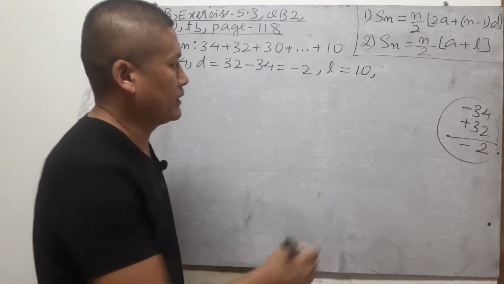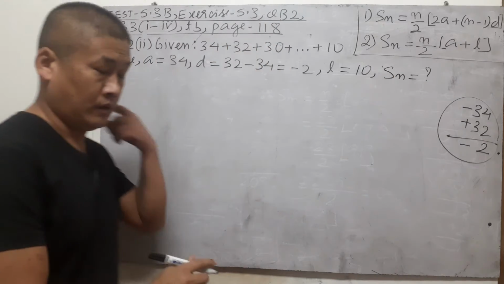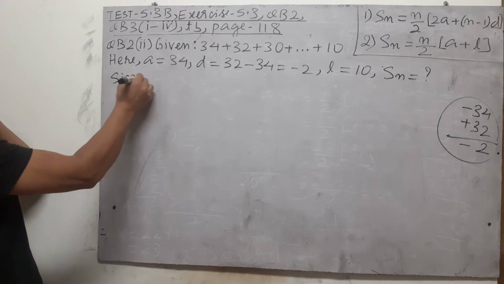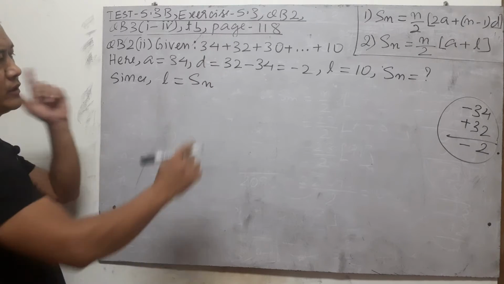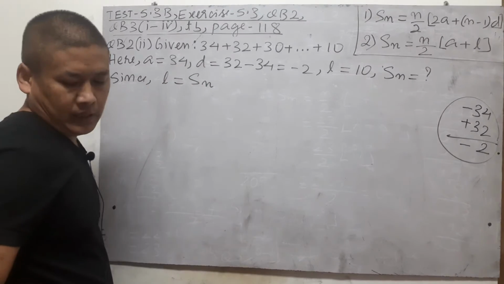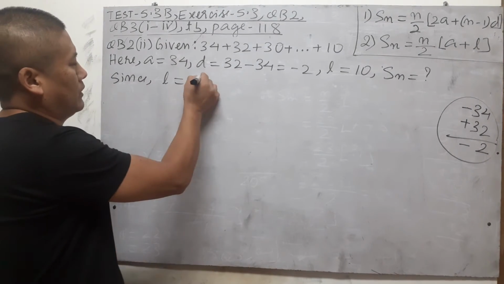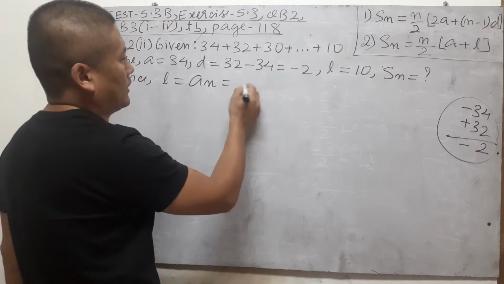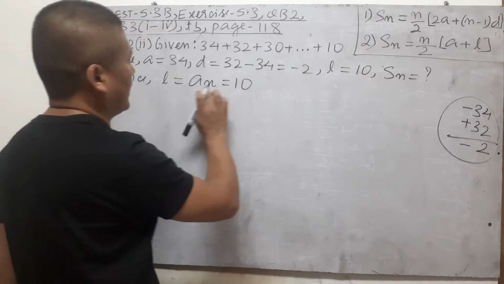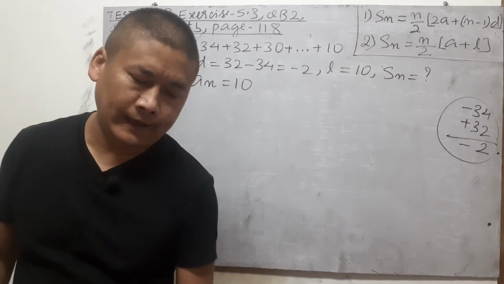Then the question is saying find the sum, so we have to find Sn. Since the last term can also be written as the nth term, An is equal to 10, assuming An is the last term.